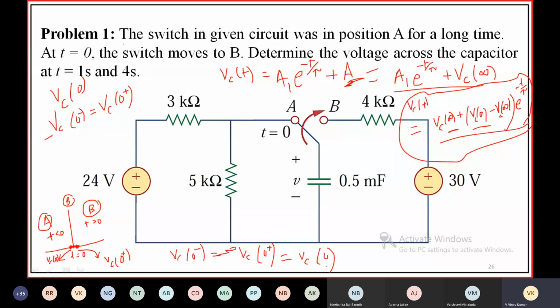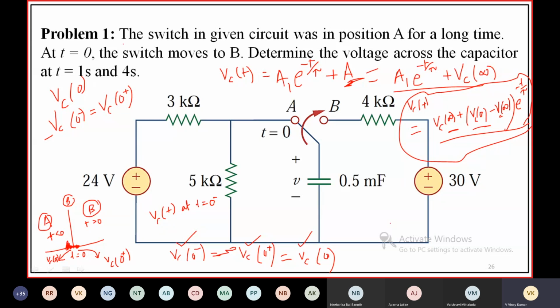So we have to find the initial value first. Initial value means the voltage across the capacitor at T is equal to 0 minus, because that is equal to the voltage across the capacitor at T is equal to 0 plus, which is equal to Vc of 0. So we have to find Vc at T is equal to 0 minus.